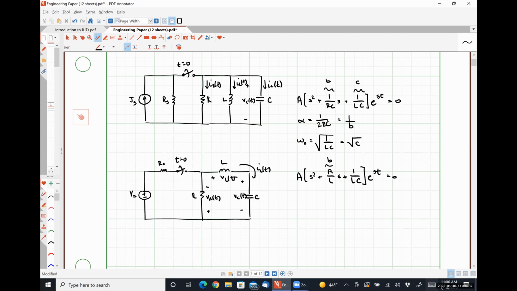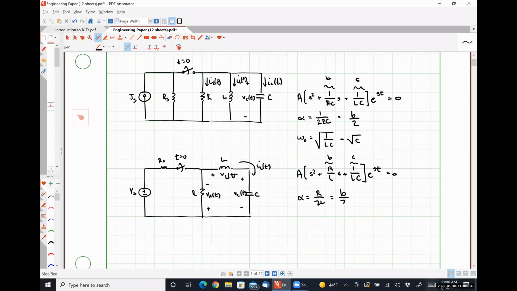And if our coefficient of the S term is B, the coefficient of our constant term is C, again, we saw that alpha was R over 2L, which is the exact same thing. Oh, sorry, that should be B over 2, B over 2 as well here. And omega naught, still 1 over root LC, or the square root of C.